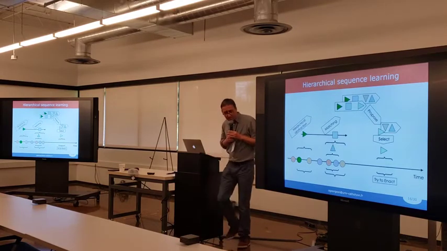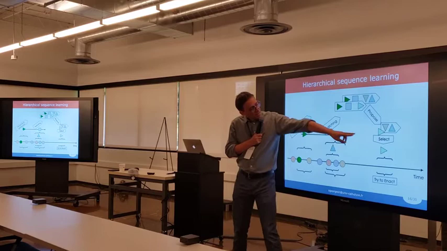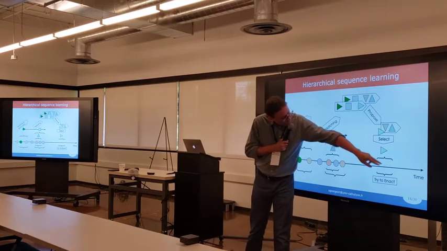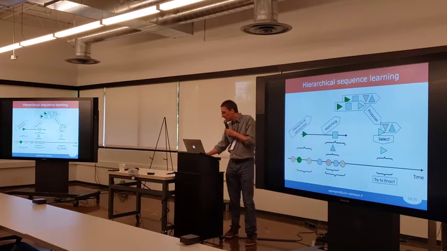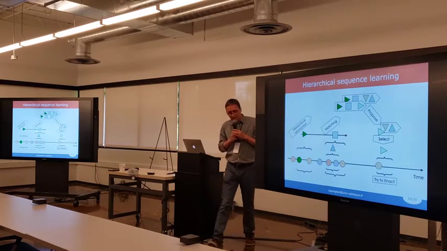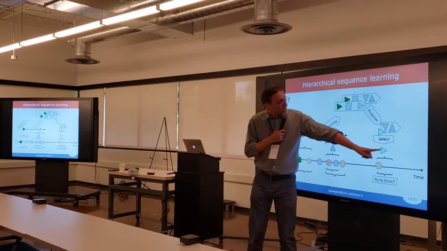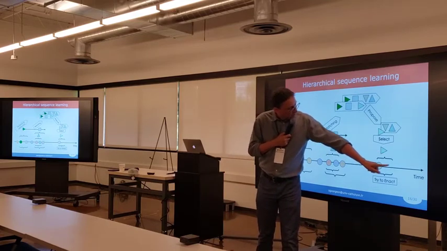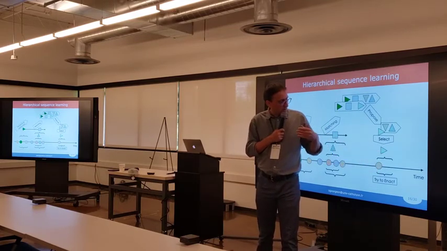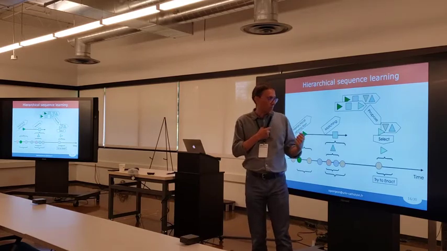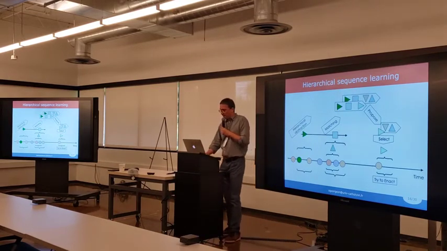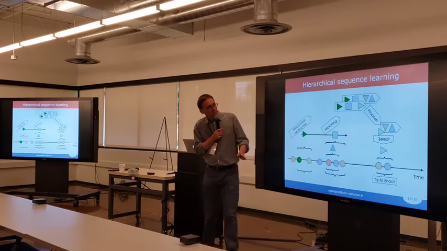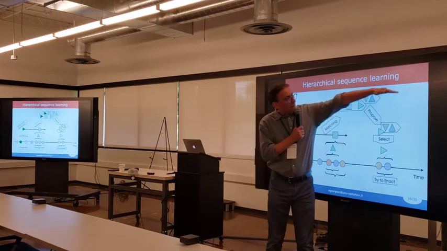And then when we have selected this abstract sequence, we execute the whole sequence that composes it. And that's where the self-programming comes in. We make the commitment of executing all this sequence, and we re-execute it in the appropriate situation. And then on top of that, we can learn even higher levels.